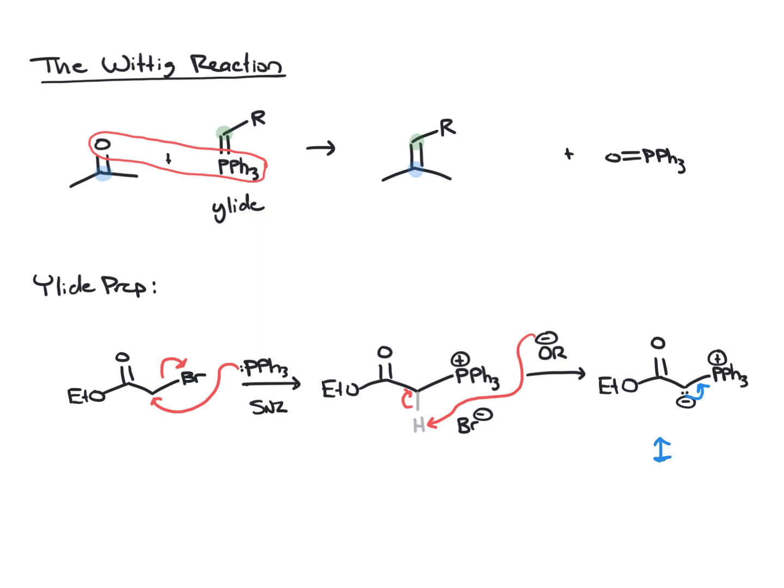And the phosphorus can have more than an octet of electrons, so this is okay. So these are the two resonance structures of the ylide.